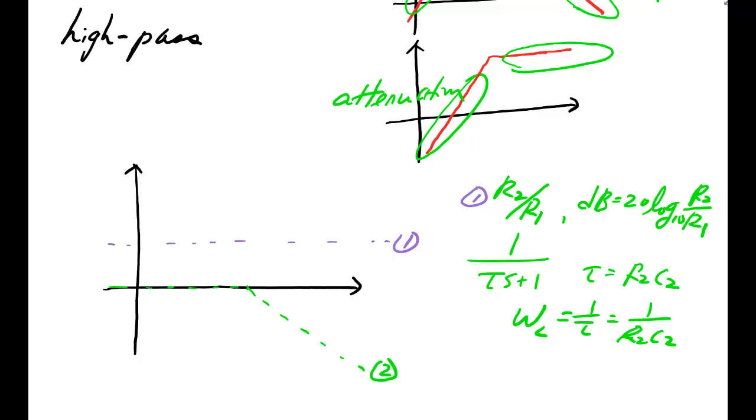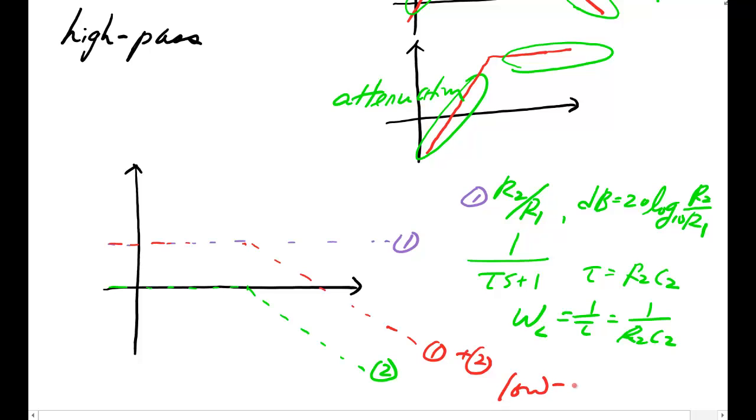So what's the total? You add 1 and 2 together, so you will get this overall shape up here, it's 1 plus 2. So what's the usage for this type of filter? We call it a low pass filter.